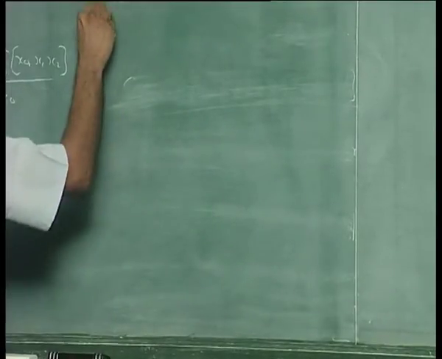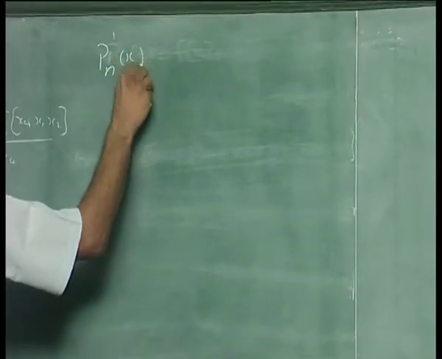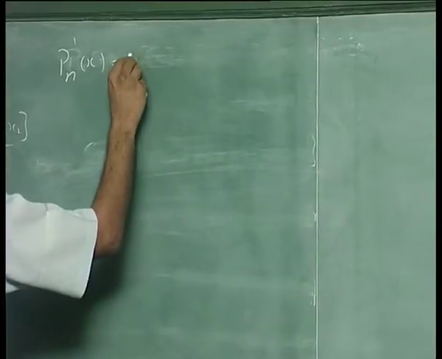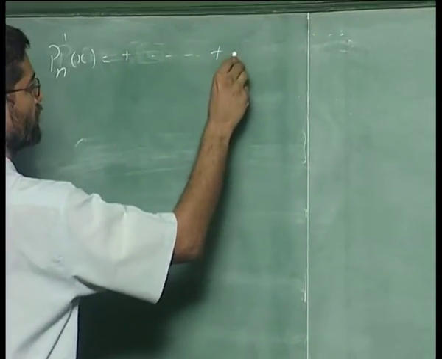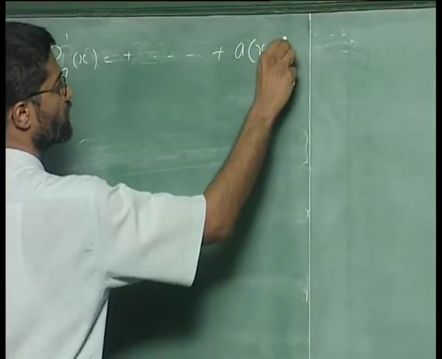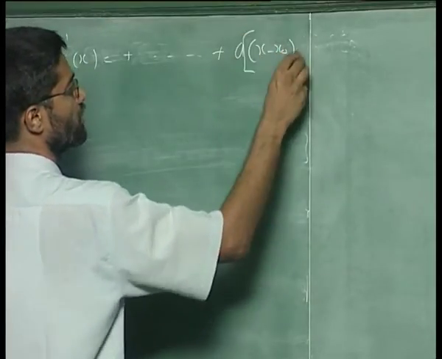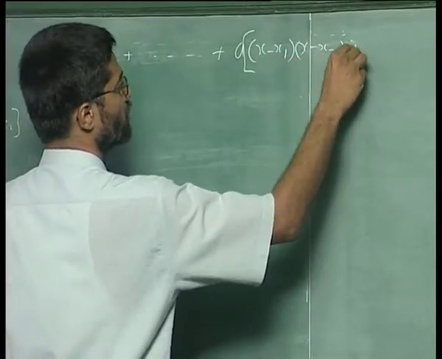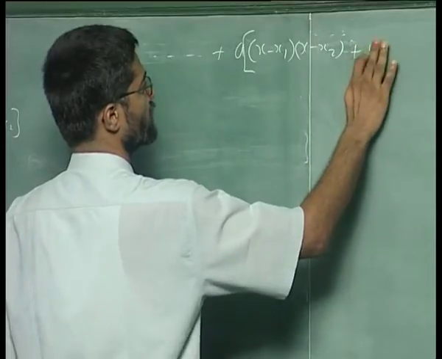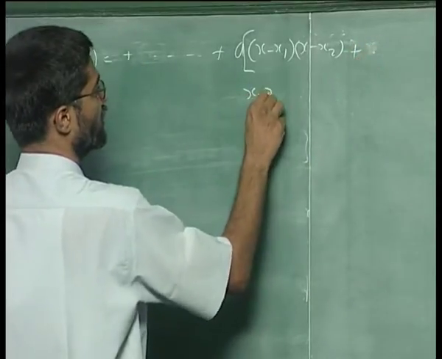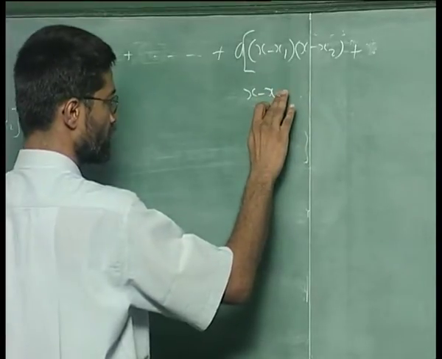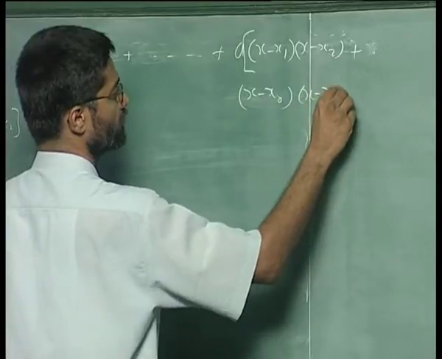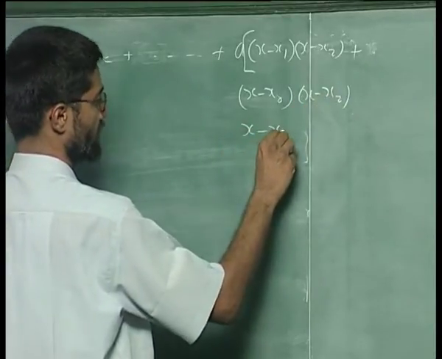So, we had the derivative of the function, which has a first order term. So, we will have some first order term, and then we had a term which is a into x minus x 0 into x minus x 1 into x minus x 2, plus terms like x minus x 2 and x minus x 1.